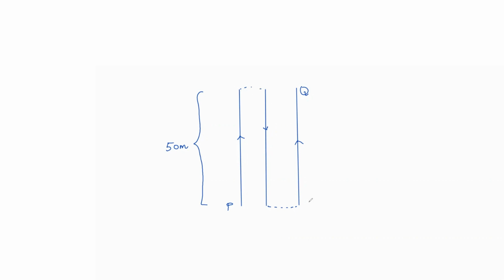So the total distance traveled by him is the first lap 50, again 50, again 50. So it is 50 plus 50 plus 50, which is 150 meters.